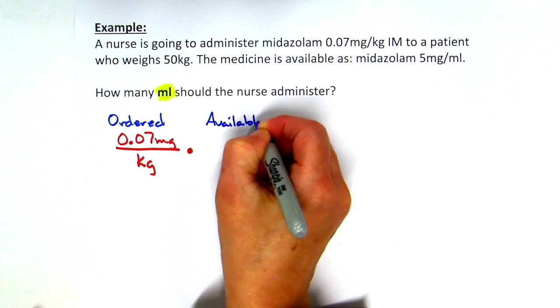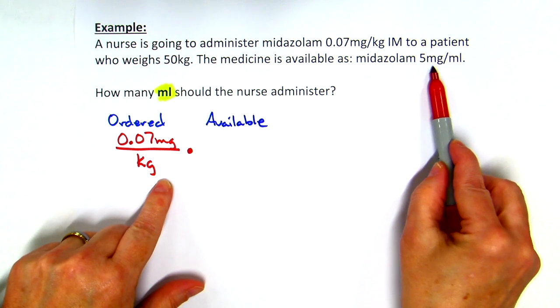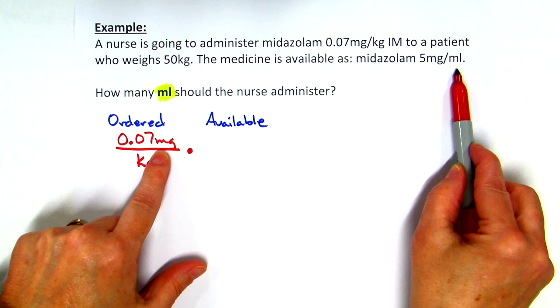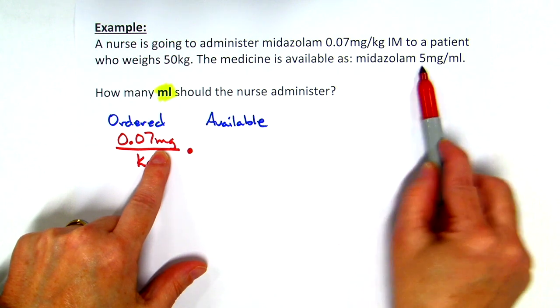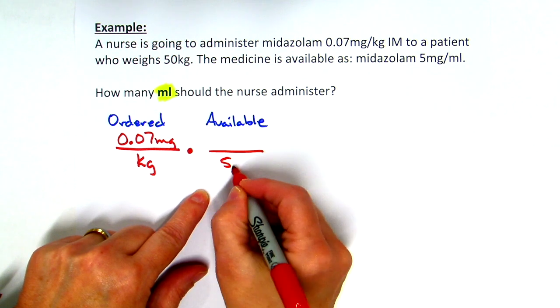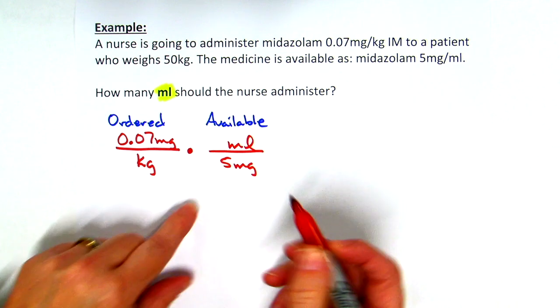Then we have to make a decision about how we're going to write that fraction. It's 5 milligrams per milliliter. Milligrams is in the top right here, and I want milligrams to cross out. So when I write this, I'm going to put the 5 milligrams on the bottom and the milliliters on top.